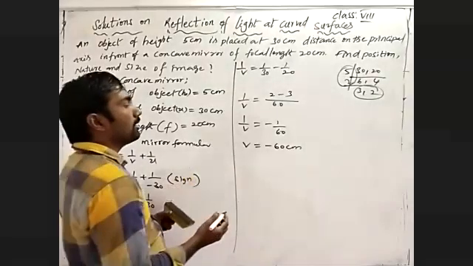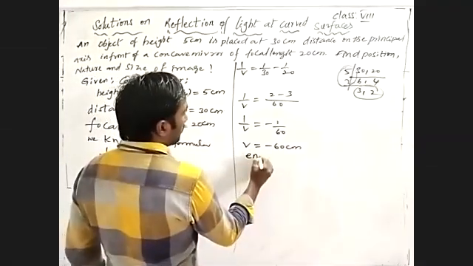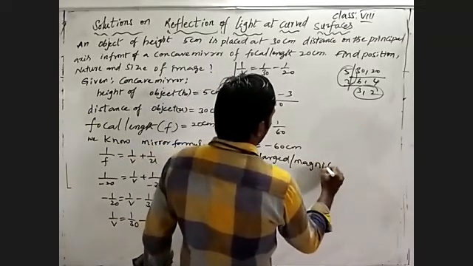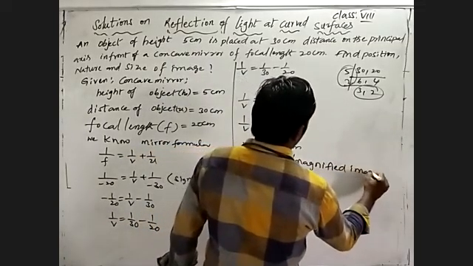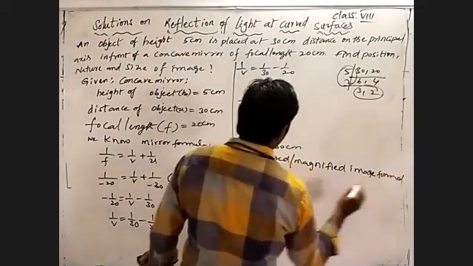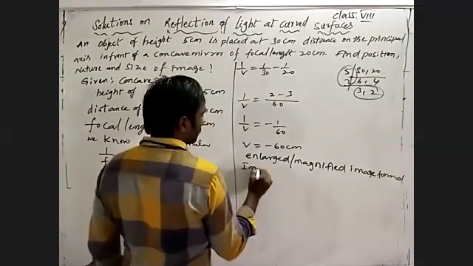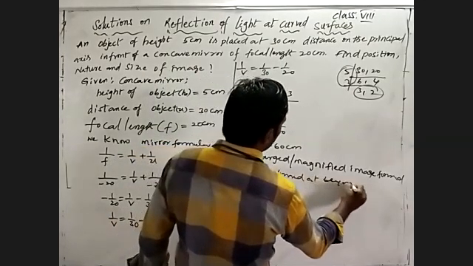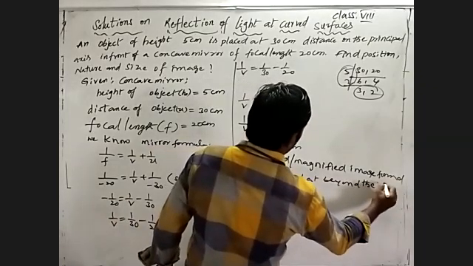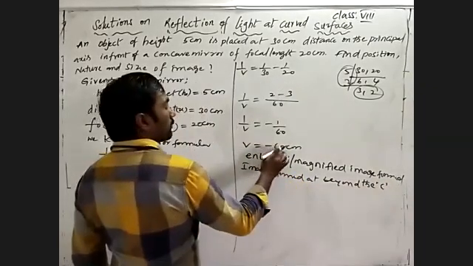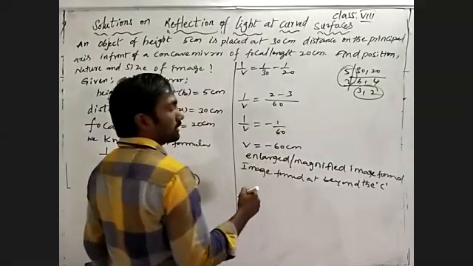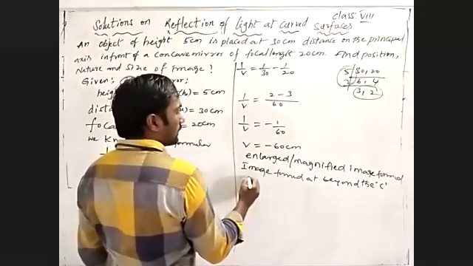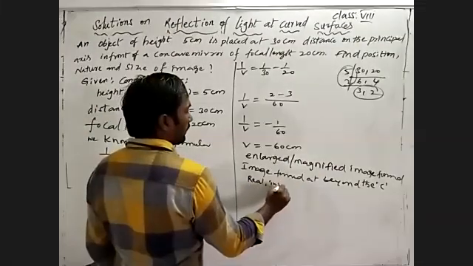An enlarged, or magnified, image is formed because the image forms beyond the center of curvature. Position of the image is at 60 centimeter. What type is it? Real and inverted.